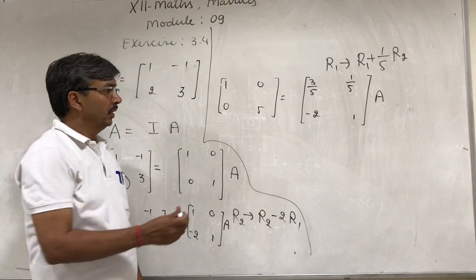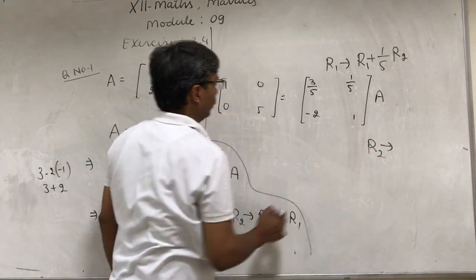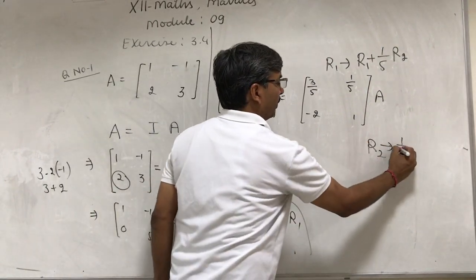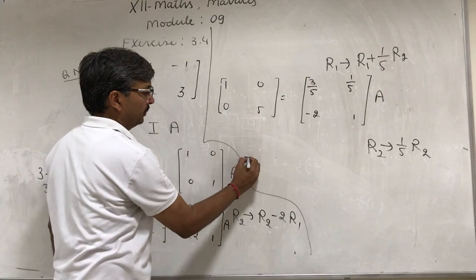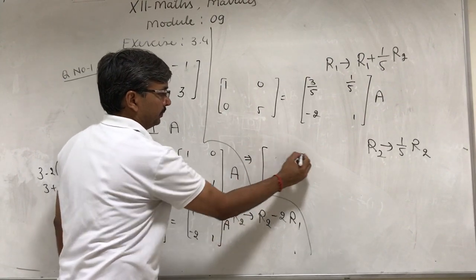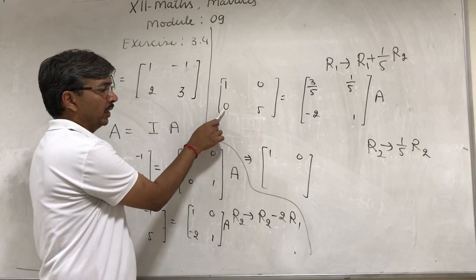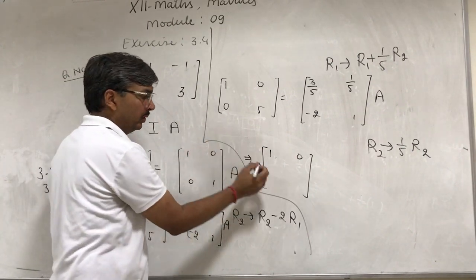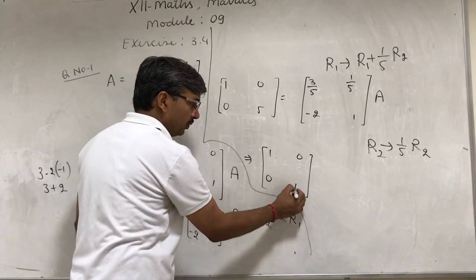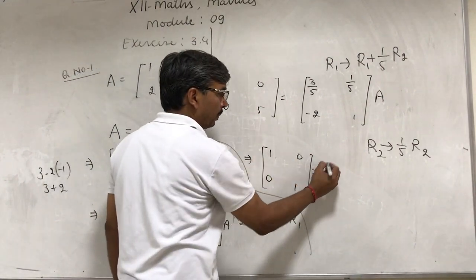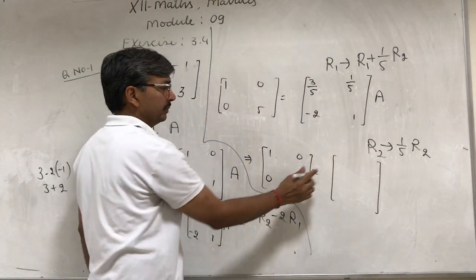So apply here R2 changes to 1 upon 5 R2, and this will become 1 0, 1 upon 5 into 0 is 0, 1 upon 5 into 5 is 1, and the same operation will be applied on the right hand side.